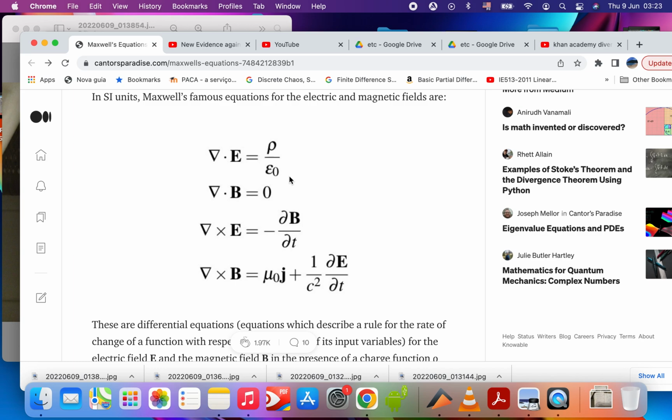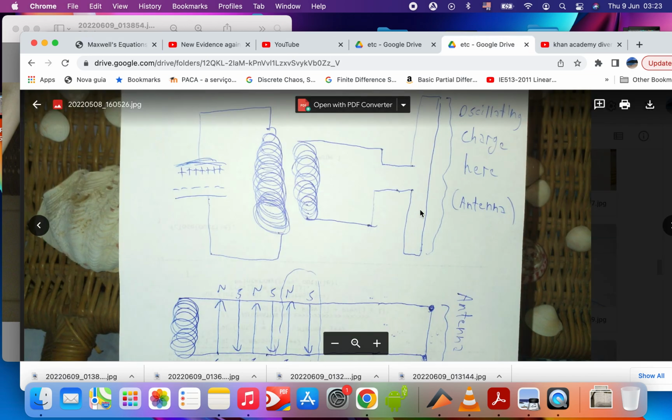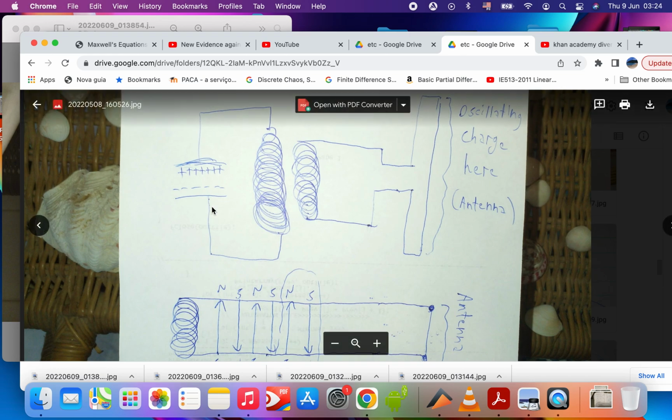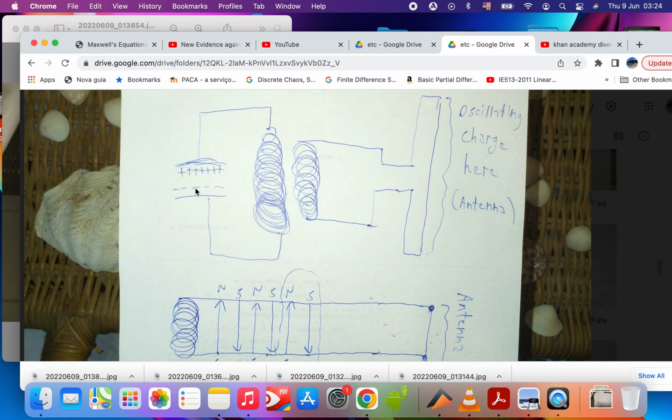The reason why we don't care about this equation at all is that the charge density is going to be zero. And the reason why the charge density is going to be zero is that we're going to be looking at something like this, which is supposed to be an LC circuit. Here's the capacitor, right?